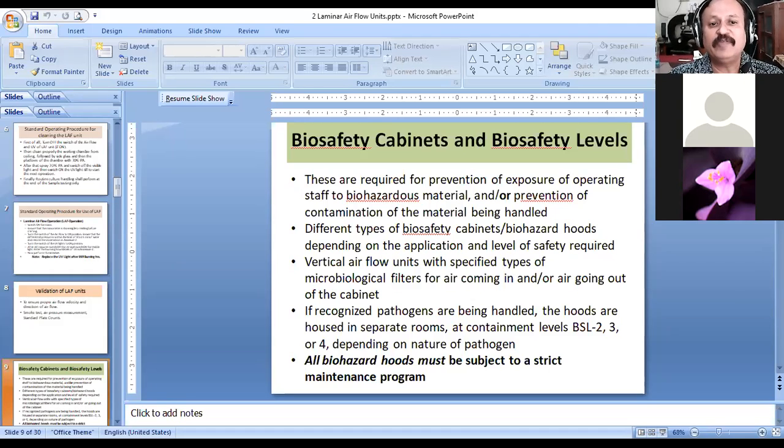Here, for transferring the cultures or working with the material, we have a simple open bench, or it may be a simple cabinet. For example, in any microbiology department, you might have worked in your colleges, there you have an open bench where you are working. Or you may have a simple cabinet which may not even have laminar airflow. Maybe you might have studied about the Tyndall's apparatus.